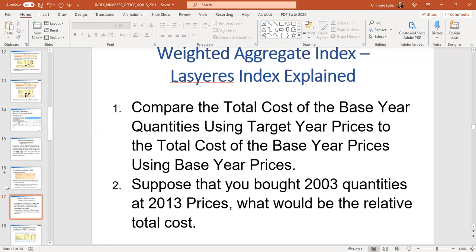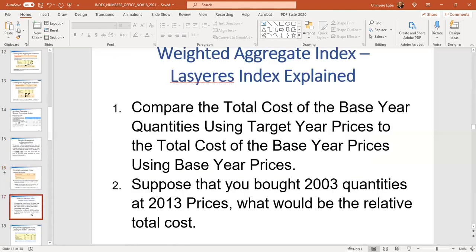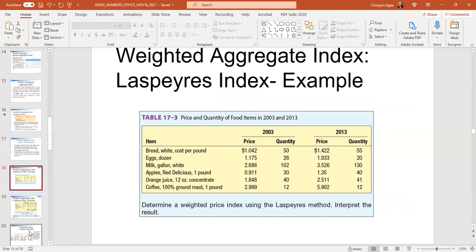Okay, we're going to illustrate that. This is what it says here. If you consume the quantities at base period, the Q0 is the quantity at the base period, and the PT is the price for the new time period. And so if you consume the same quantity of goods in the future time period and compare it to what you would have paid for them in the base time period, that gives you a Laspeyres index. Okay, again, it's a matter of choice what index you use. Here is an example.